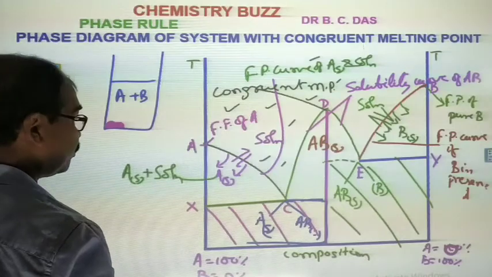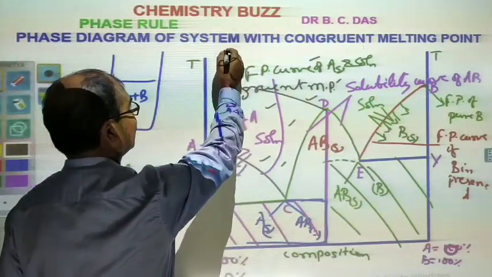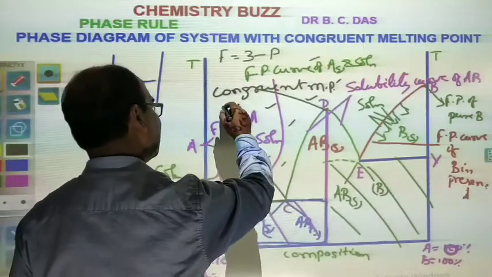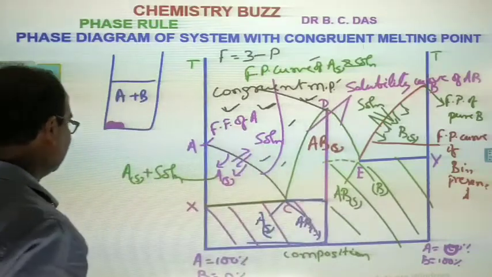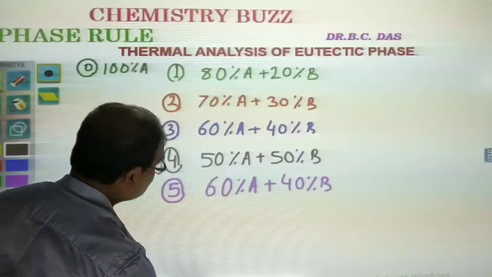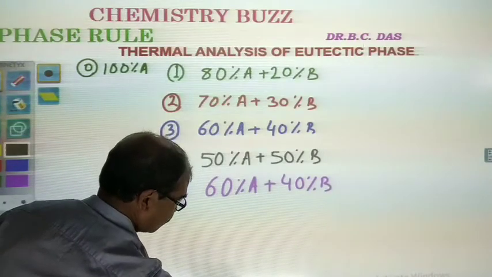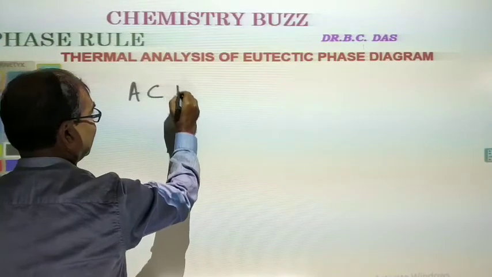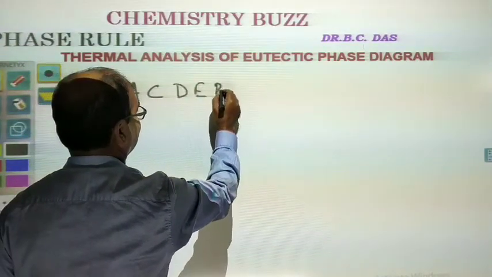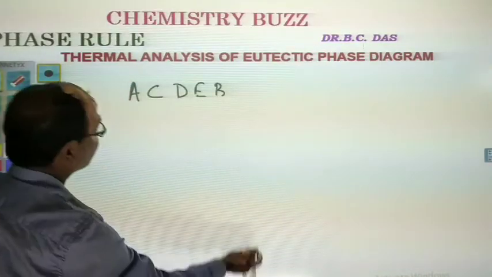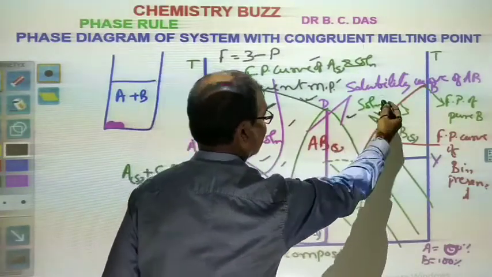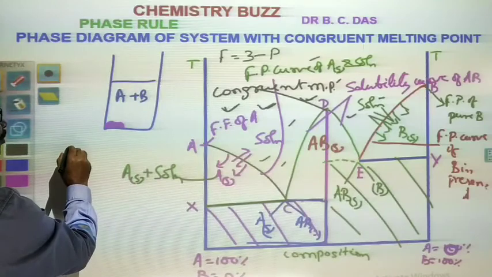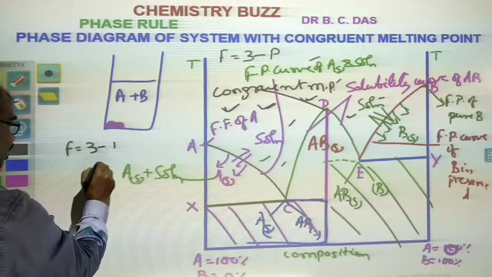So we have the degree of freedom formula, that is F is equal to 3 minus P. If we consider the area above A, C, D, E, B, then only one phase is present, that is the solution of A and B. So the degree of freedom will be 2. F is equal to 3 minus 1, that is 2.